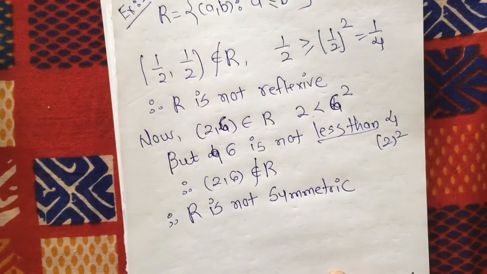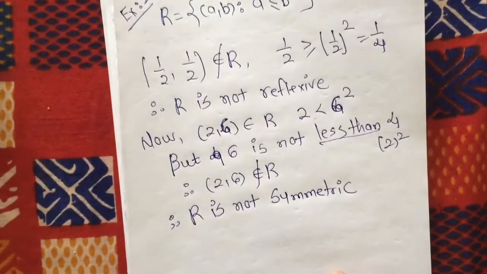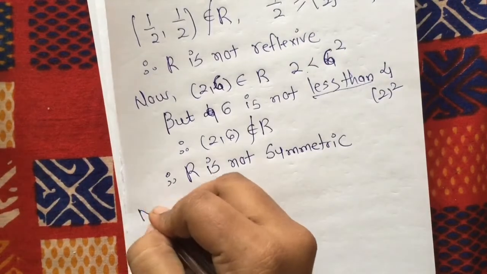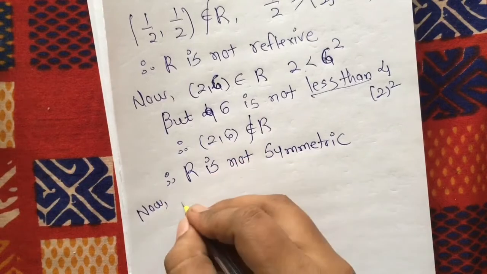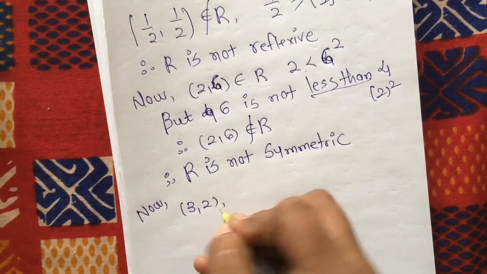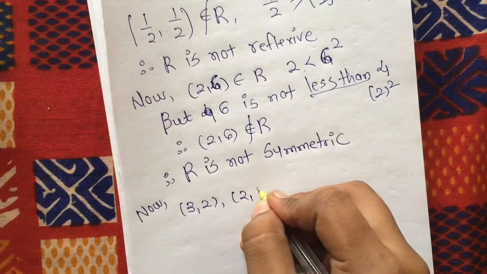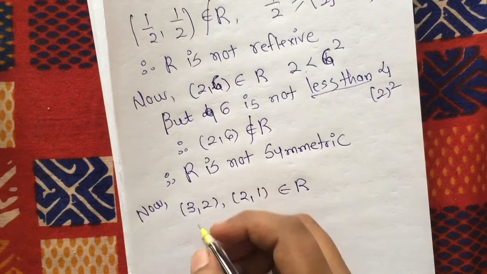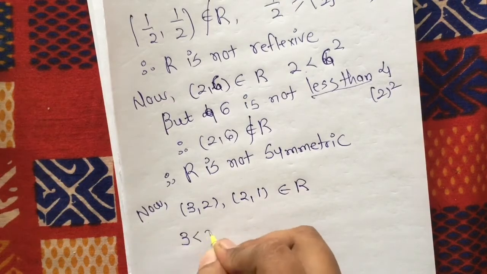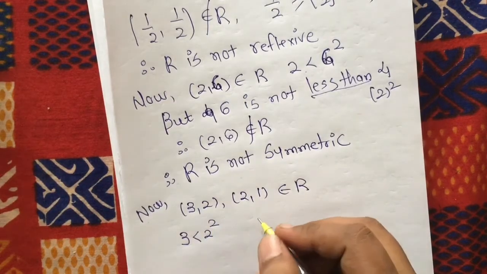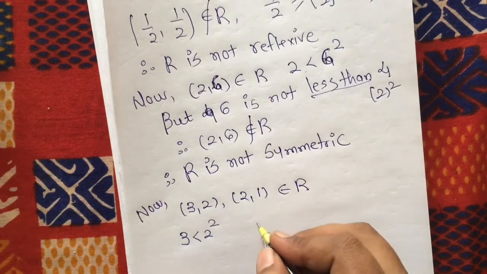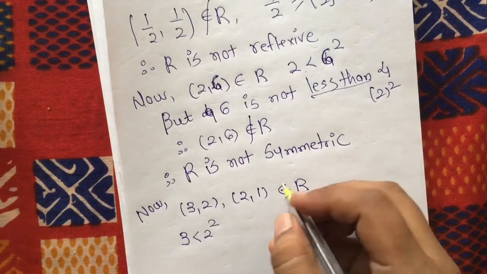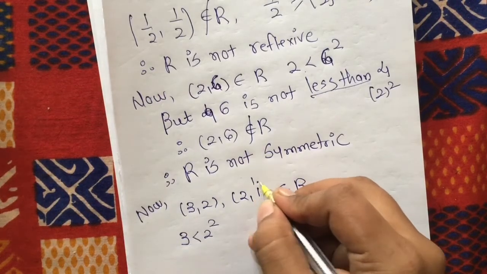Okay, now our next is transitive, for which we are going to have some more examples. Now (3, 2) and (2, 1) belong to R. Okay, so as 3 is less than 2², or you can say 2 is less than, यहाँ पे हम 1 की जगह पे 1.5 ले लेते हैं.